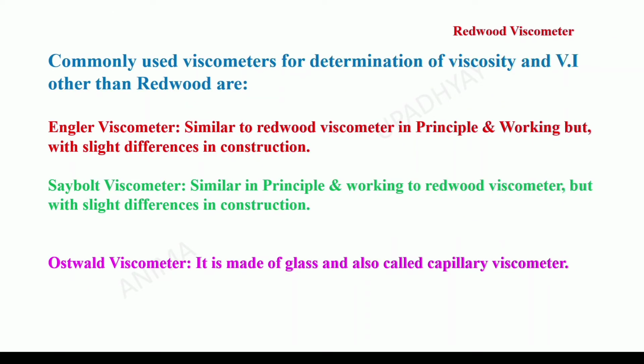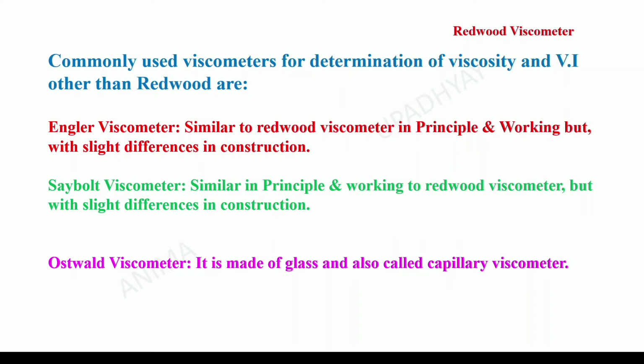There are many other viscometers also. The commonly used viscometers in the labs are Engler viscometer, Saybolt viscometer, Ostwald viscometer, other than Redwood viscometer. The Engler and Saybolt viscometers have the same principle and working as the Redwood viscometers.